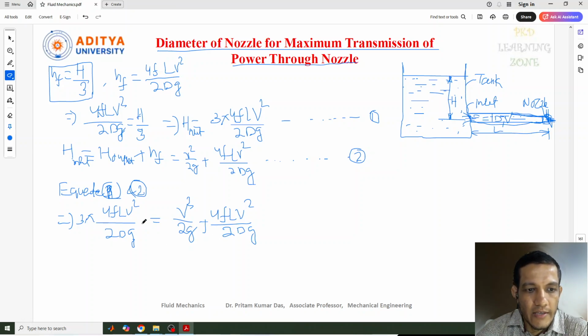See, on both sides it is the same thing, 4fl v square by 2dg. To simplify, multiplying this out, we get 12.